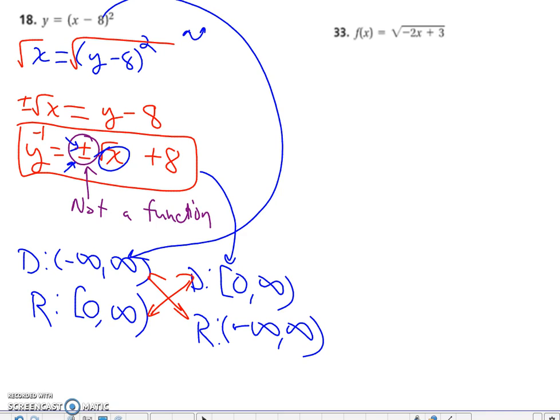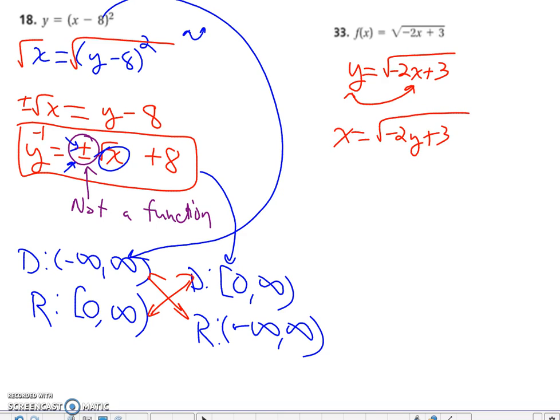Lastly, on this last problem, I'm going to get the inverse of this function. First of all, I'm not a fan of the f of x notation when I'm finding inverses. So instead of f of x, I'm going to write y equals the square root of negative 2x plus 3. These two switch places, so I get x equals the square root of negative 2y plus 3. Now I get y alone. First thing I'm going to do is square both sides.